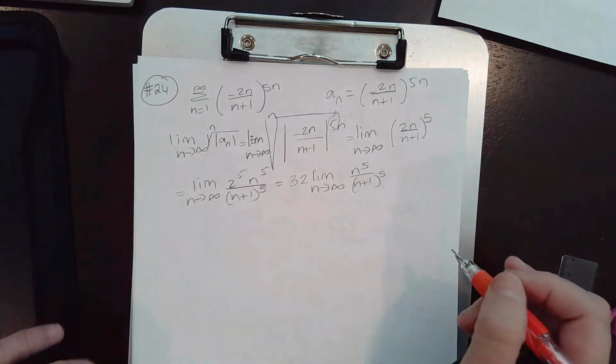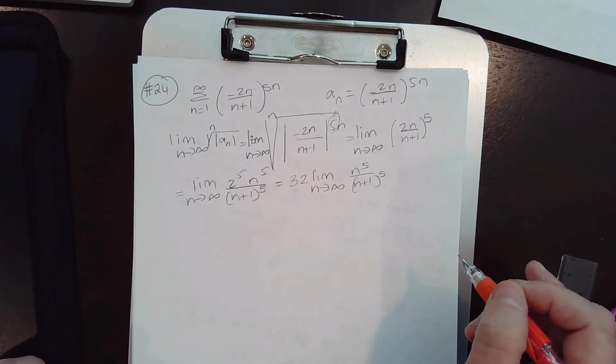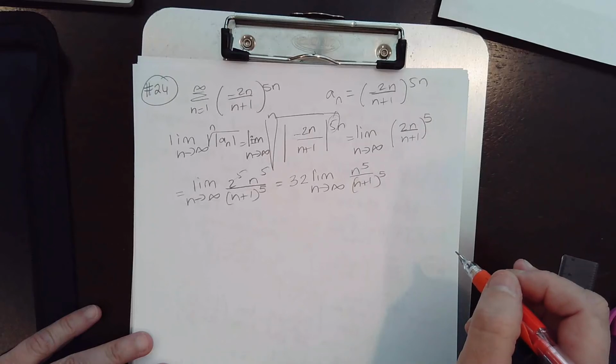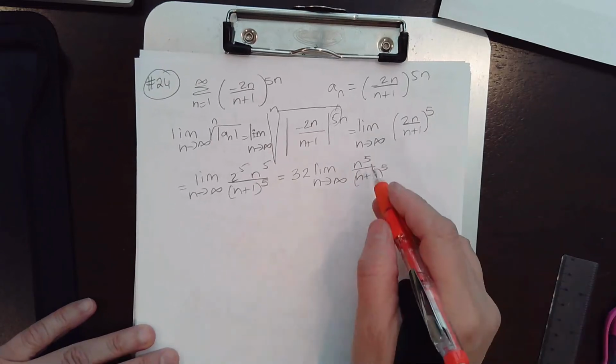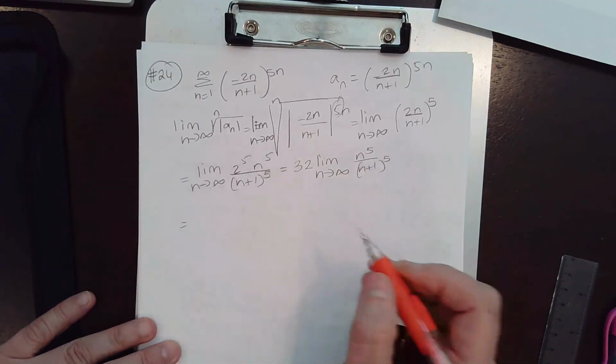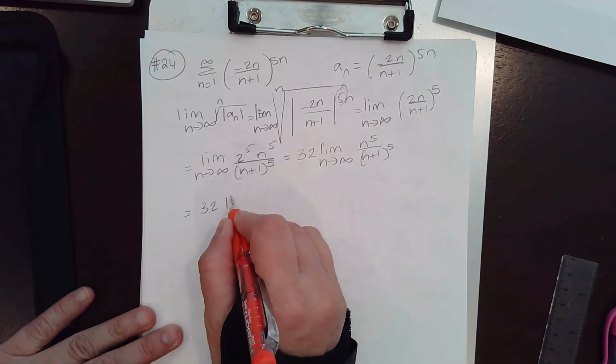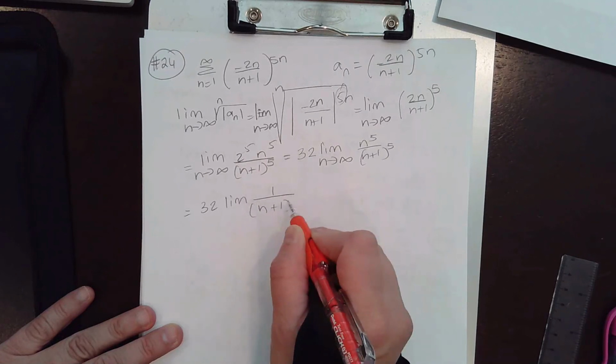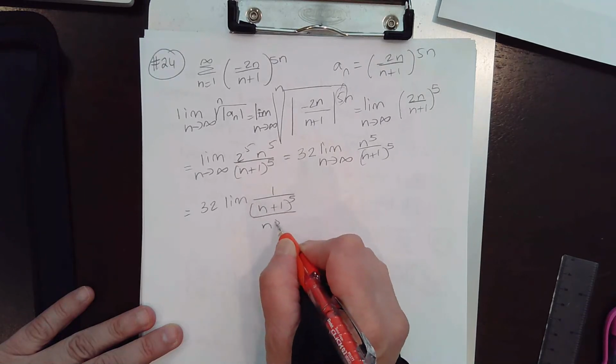I'm going to try to do a little bit of algebra maneuvering. Isn't that the same as 32 times the limit of 1 over (n plus 1 to the 5th power over n to the 5th)?